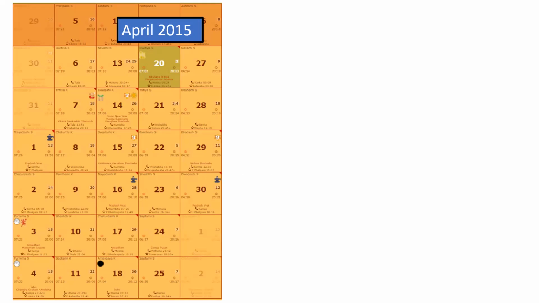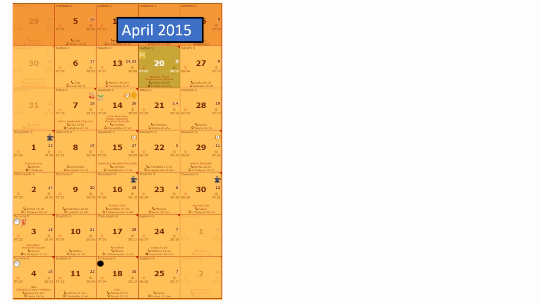We went through the month of March, specifically beginning with the 20th of March, when the first day of the lunisolar calendar coincided with the first day of the solar calendar in the Indian system. That's the 20th of March, which is also the day of spring equinox.